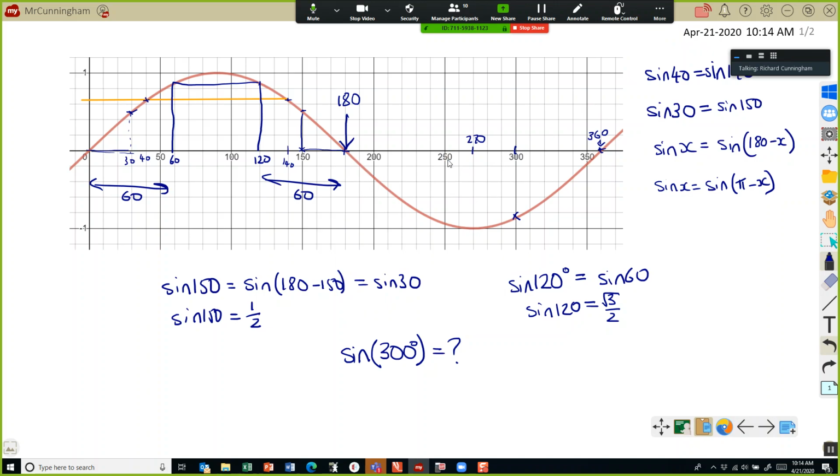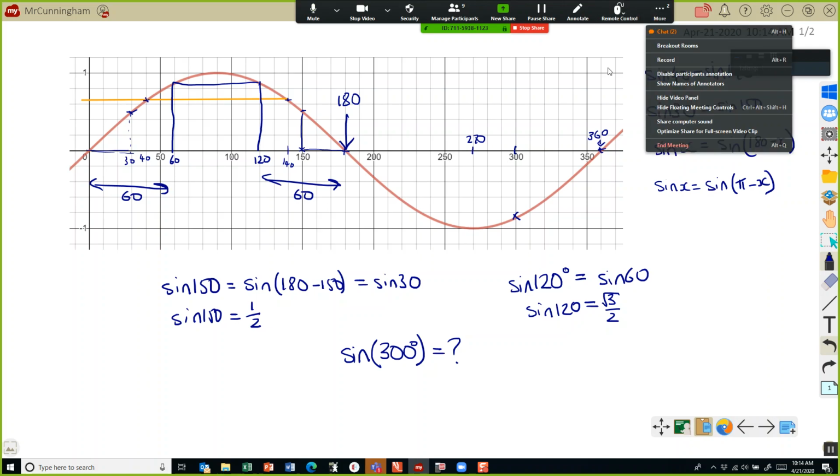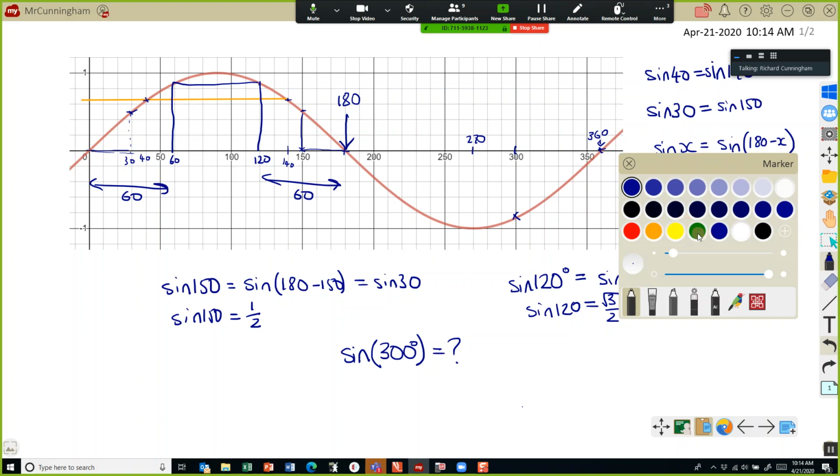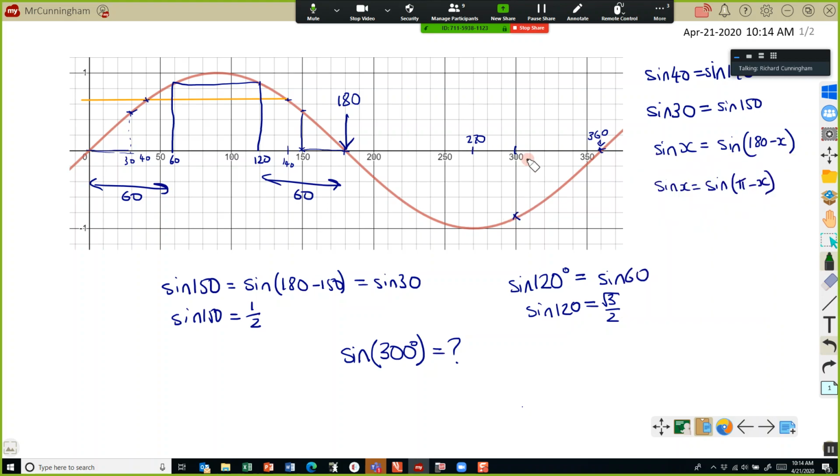Do you need a helping hand? Okay. So think about, is your answer going to be positive or negative? It's going to be negative because it's 300. It's going to give me a value out that's going to be negative.